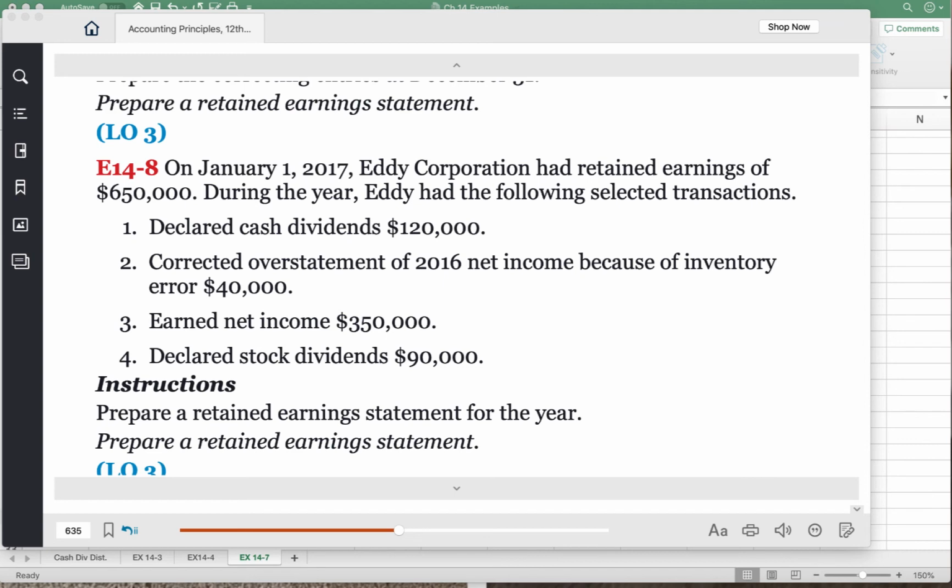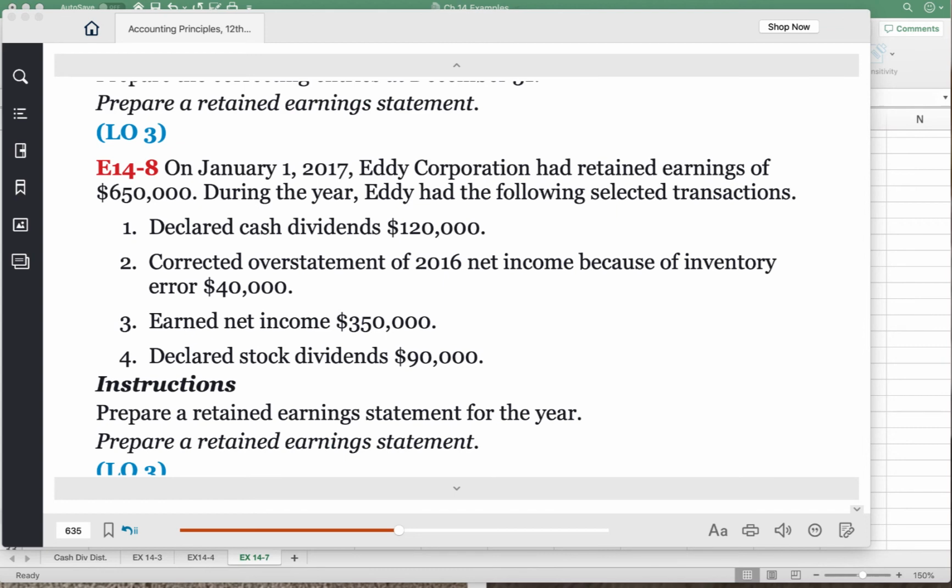Our expenses were too low, so our net income was too high. We need to lower it. They had net income of $350,000 in 2017, and they declared a stock dividend in 2017 of $90,000.